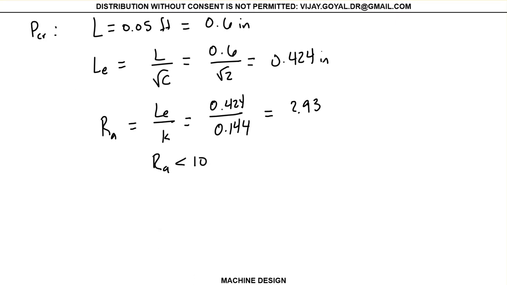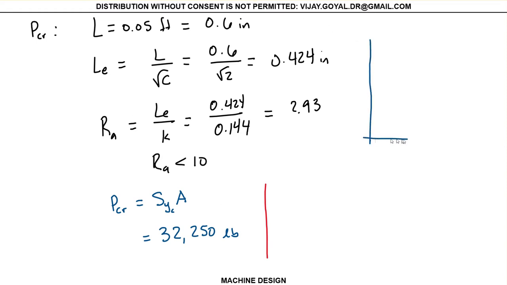So the approach we recommend that you always do, let's do two parts of the problem. It is safe enough just to say this is equal to sigma yield in compression times area. And if you do that, you get 32,250 pounds. Now, you could also, if you wanted to, make the good argument and say, actually, I can still use my J.B. Johnson.